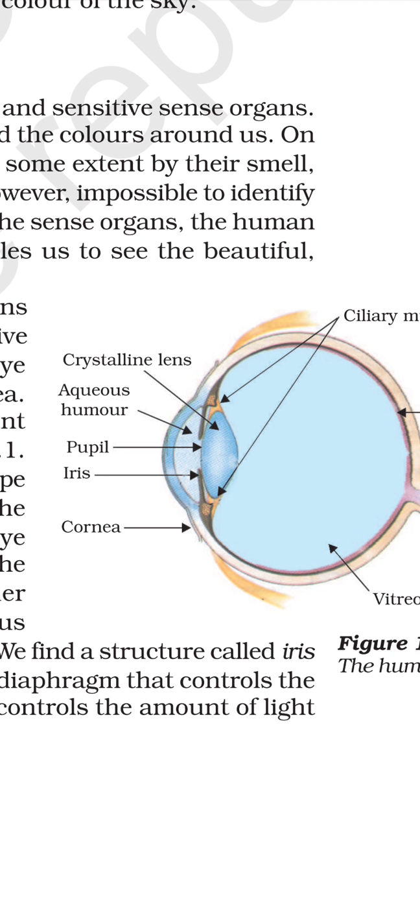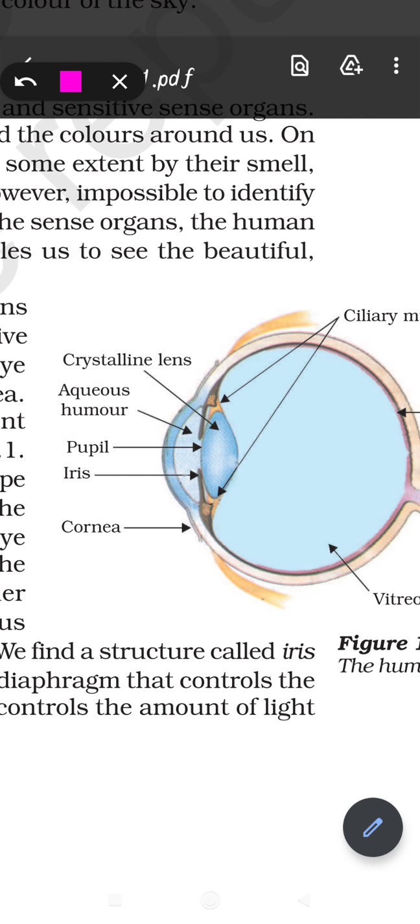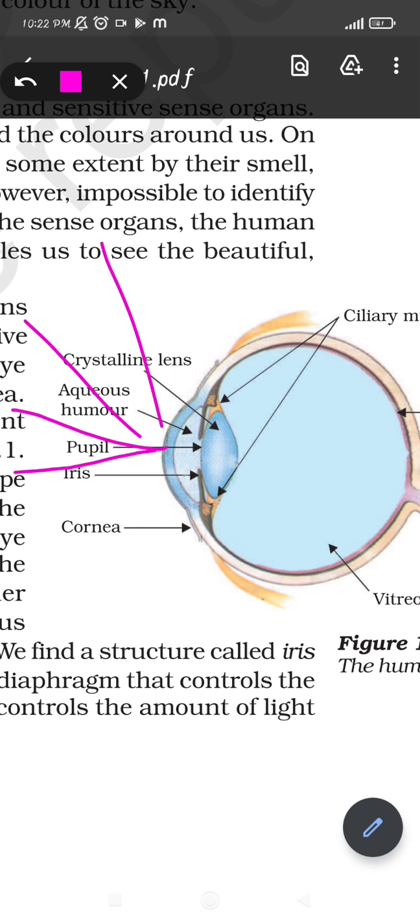See here, this is what the cornea is. So this front part is the cornea. It is a transparent substance also. After that we can see the second thing, the iris. Whenever light rays or parallel light beams enter our eyes, they enter through the cornea itself.